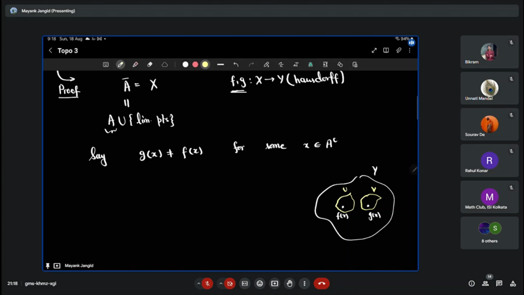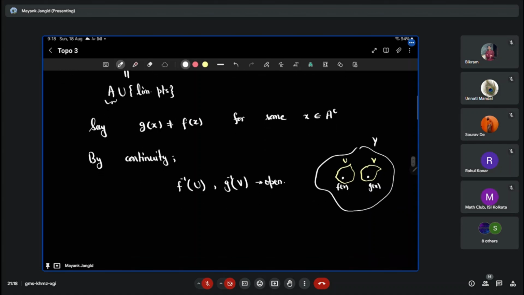By continuity, the pre-images of these open sets are also open. So f inverse of U is open, and g inverse of V is open. By definition, the intersection of two open sets is also open.